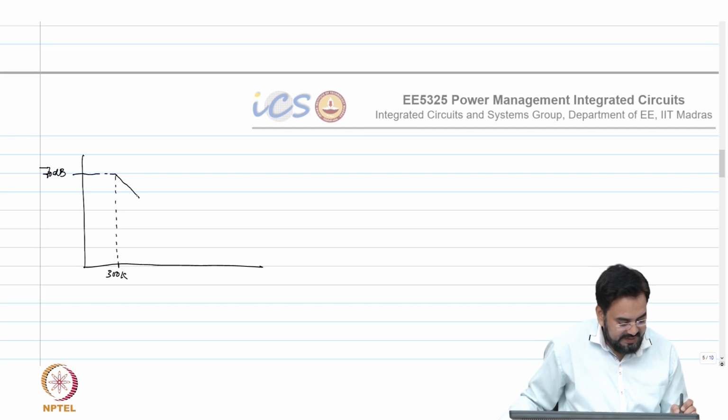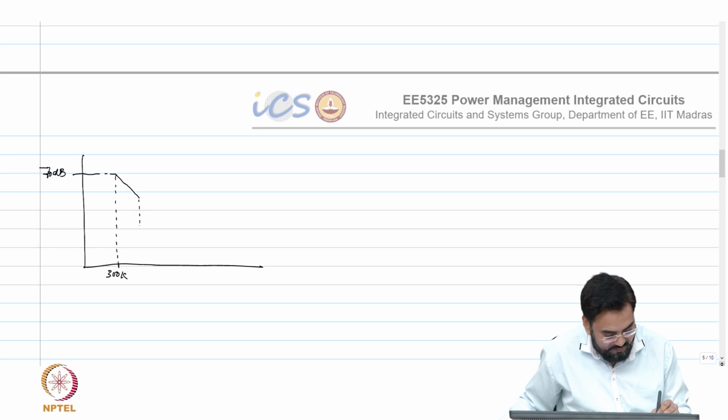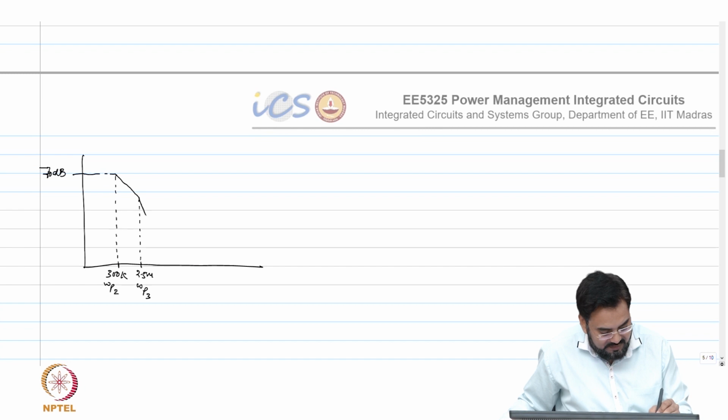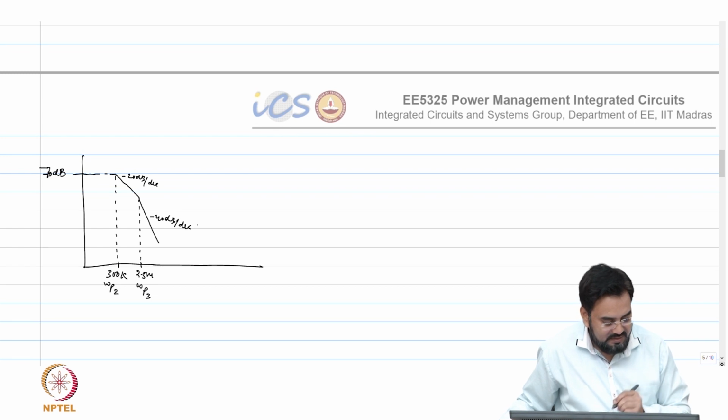Pretty close to 1 decade away from this. So this is your omega P2, this is your omega P3. Now this is minus 20 dB per decade, this is minus 40 dB per decade.